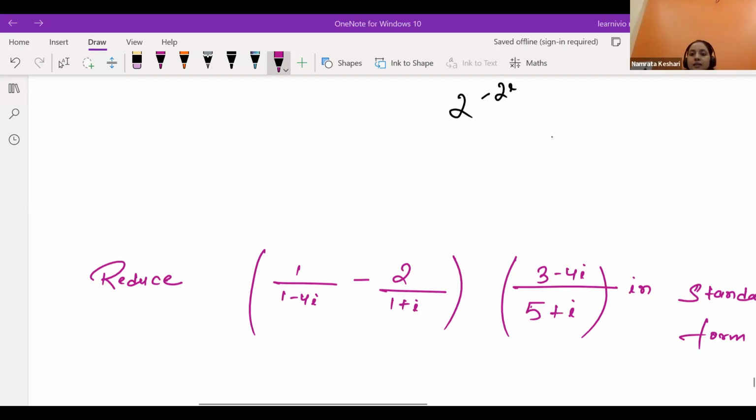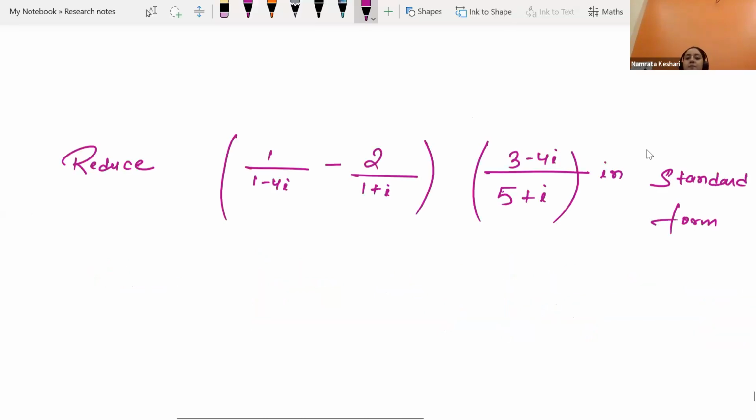Yeah, let's continue. We have to reduce it to standard form. That means we have to reduce it to a + ib format.